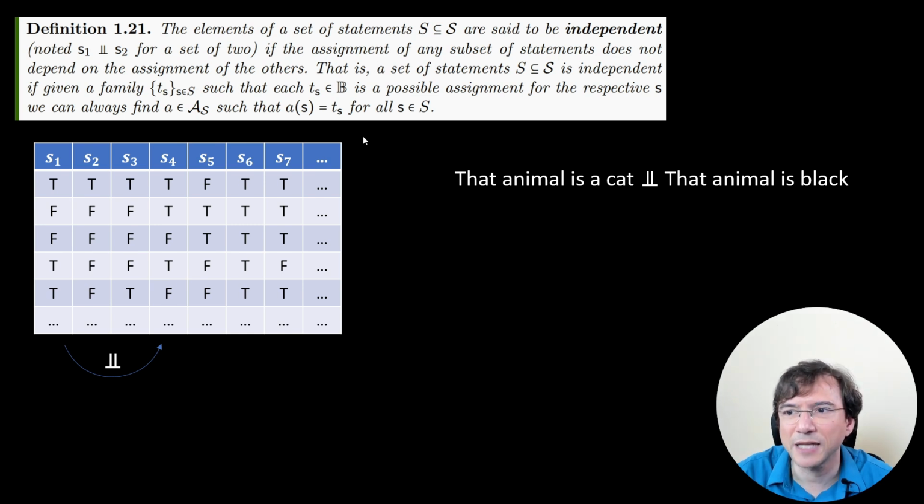Now this becomes a little bit complicated to define, but the important thing is that independence is defined not just among two statements, but among a set of statements, a little like linear independence, which is a cousin of this notion.